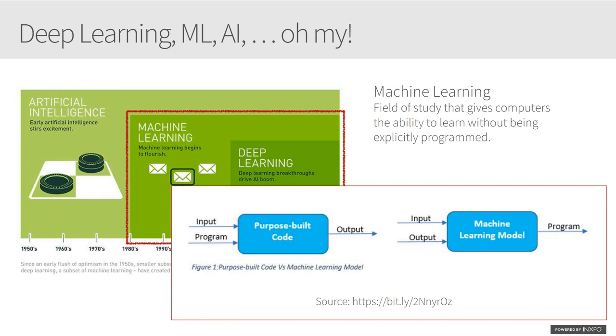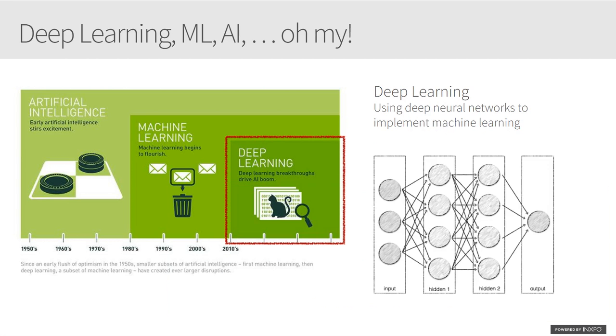You merge together to your purpose-built code to get an output. The output is the purpose of that code, right? It's to give you an output. Well, in the case of a machine learning model, it's actually the input and the output that you're putting together. The machine learning model learns based on the input and the output that you receive and builds a program so that it can start predicting based on new inputs.